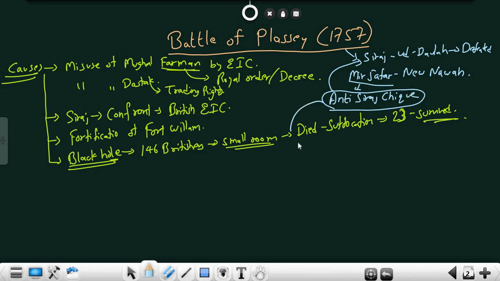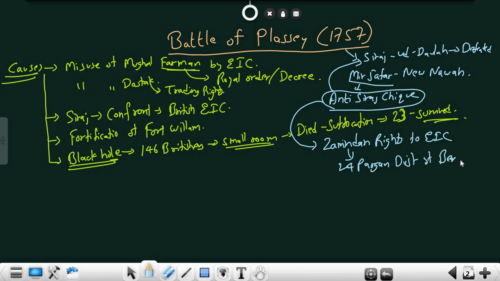After coming to power, Mir Jafar gave the zamindari rights of 24 Pargana district to East India Company. So he gave the zamindari rights to East India Company for 24 Pargana district of Bengal.